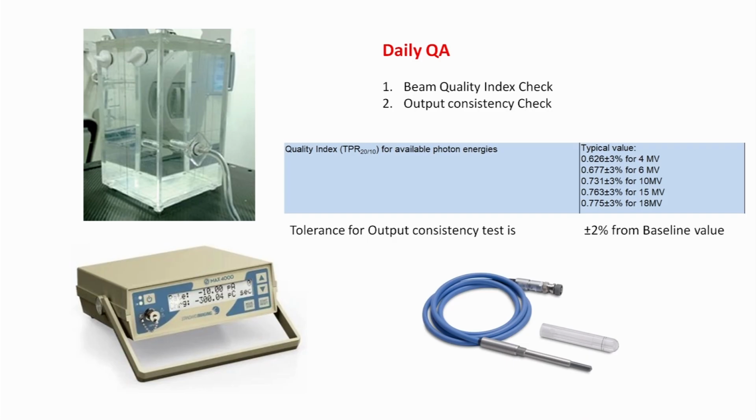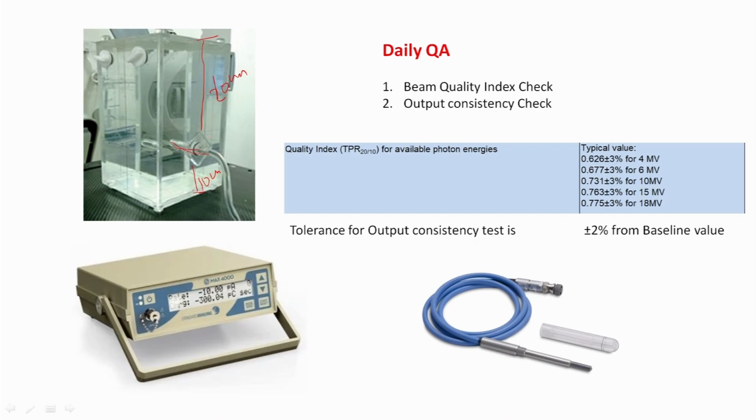In this text you can see that there is a phantom which is named a tissue phantom ratio phantom, with a 20 centimeter depth and a 10 centimeter depth. You can see that this depth is 20 centimeter and this depth is 10 centimeter, and the chamber is placed such that the chamber's point of measurement is 20 centimeter from this surface and 10 centimeter from this surface.